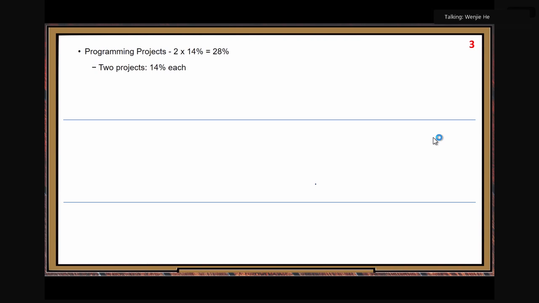In that way, you will have about 1 month for the second project. So there is some overlap because the semester is too short. I have to manage my time in that way.